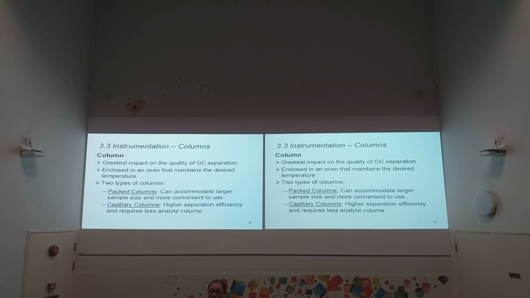We will go into more detail next week. We can do temperature programming to adjust the temperature and help improve the separation effect. That's why together with the column, we have this oven to house the GC column.